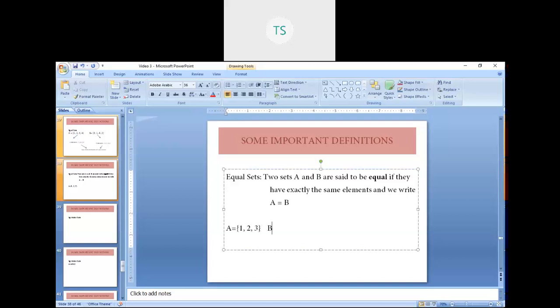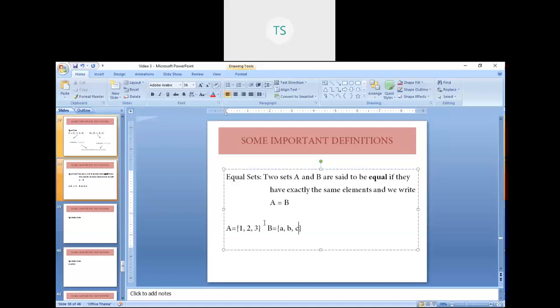Again you have another set B, and B has the elements a, b and c. Now B has 3 elements. Again set A has 3 elements. Now can you tell me whether capital A is equal to capital B? Can you say capital A is equal to capital B?